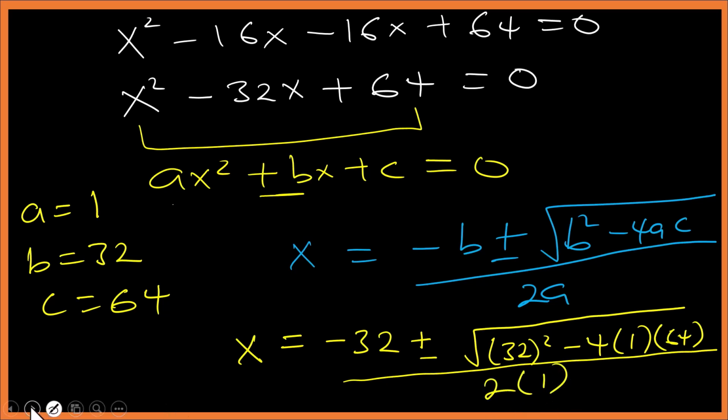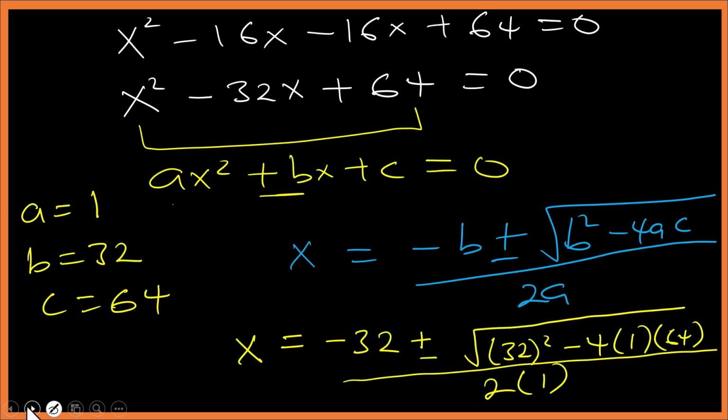All right, so this one will be x equals 32 plus or minus the square root of 32 squared here.